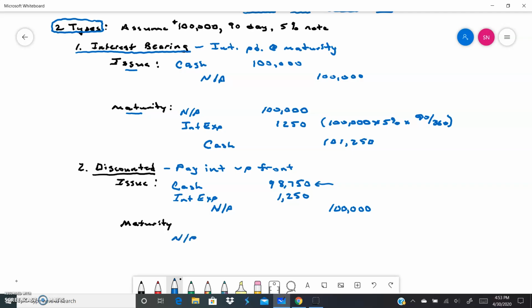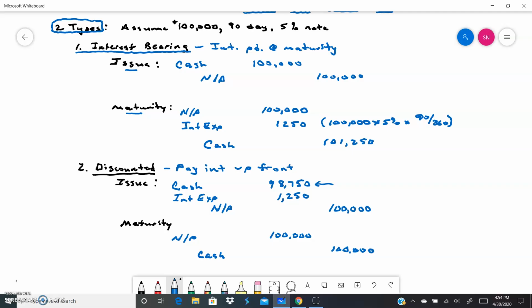So debit notes payable, $100,000, and credit cash, $100,000. So in this entry, we receive $98,750. We pay back $100,000. So obviously the difference is the $1,250 of interest expense. So that ends up going to the lender. And then all the other entries, of course, wash out.